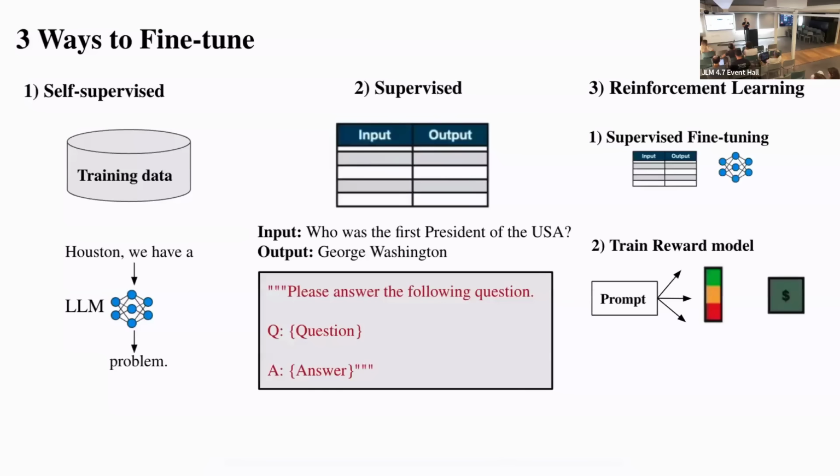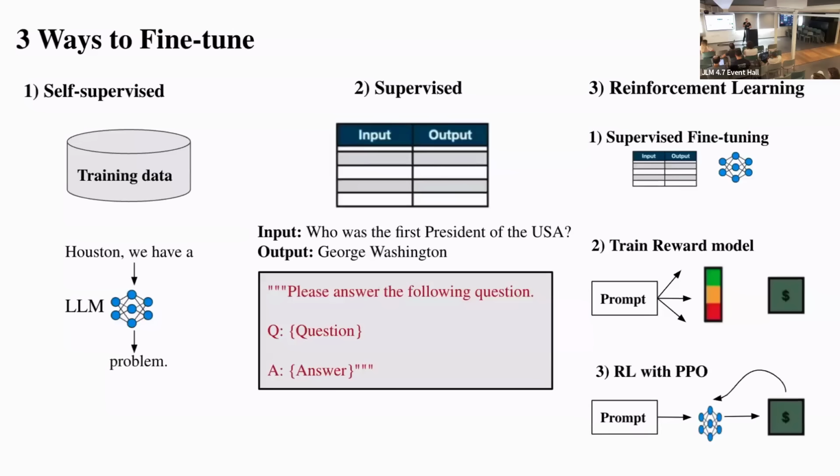The reward model learns to give a score for a completion for a prompt, and the score evaluates how well it aligns with humans. This is the goal of the reward model. And then we use reinforcement learning with some algorithm, PPO, which stands for proximal policy optimization, a famous algorithm in reinforcement learning in general.